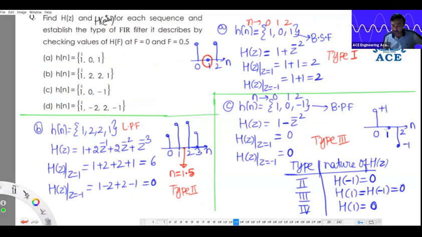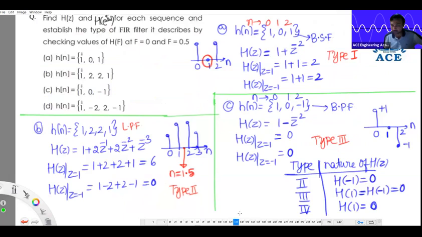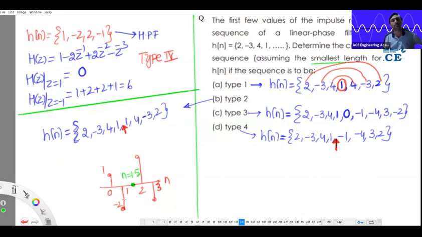Same thing happened here. Type 2 and type 4 cases maintain symmetry or anti-symmetry with respect to a non-integer sample only.